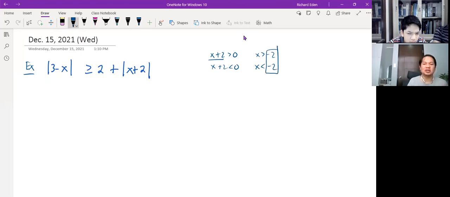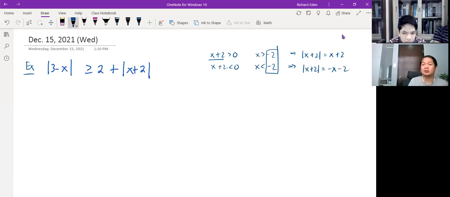And if x is greater than negative 2, which makes x plus 2 positive, then the absolute value of x plus 2 equals x plus 2. On the other hand, if x plus 2 is negative, which happens when x is less than negative 2, then the absolute value of x plus 2 will be negative x minus 2.